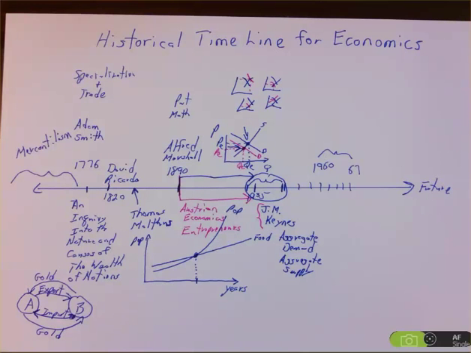It's a beautiful image, but of course we all know, living out here in 2015, that he was wrong, that the economy still has periods of expansion and periods of contraction.